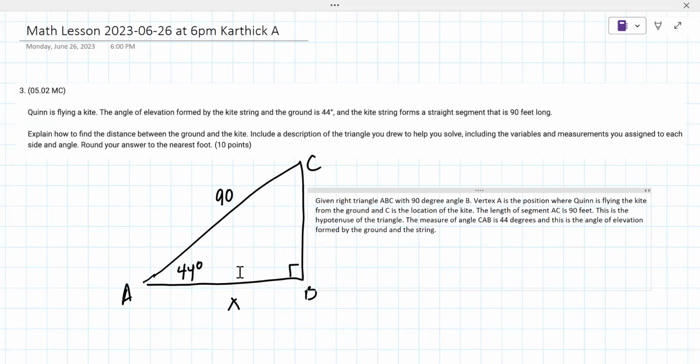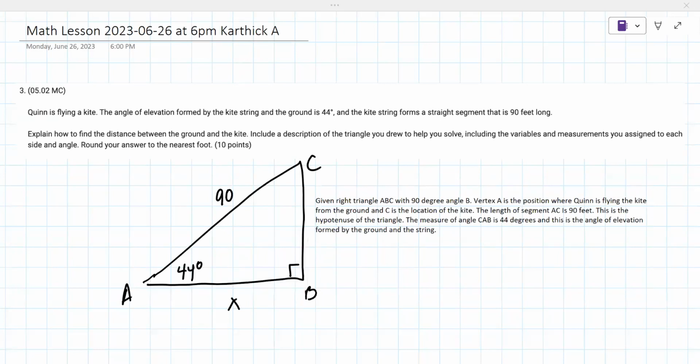So I'd like you to write a few words and drop them in the chat to find X, whenever you're ready. Your hint is you're going to use sine, cosine, or tangent. You're going to set it up. You would use cosine.